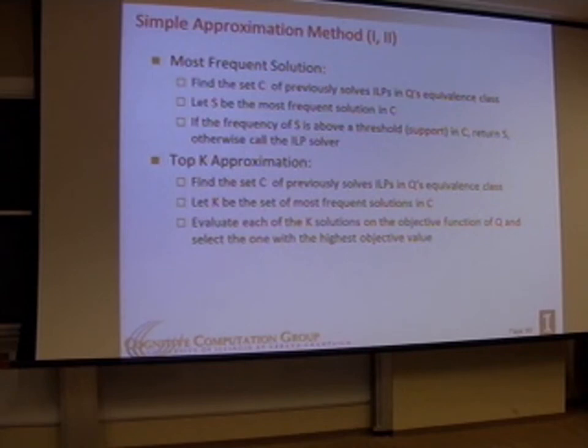So what kind of approximation can I make? I can start with two very simple approximation methods. Basically, within any equivalence class, take the most frequent solution and always choose this one. Or take the k most frequent solutions, choose the one which has the highest score, and choose this one. I didn't need to have theorems in order to do this.